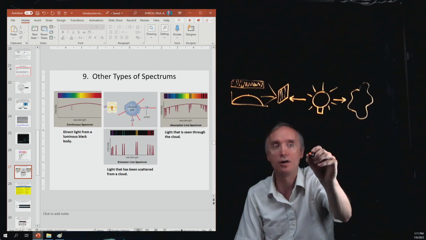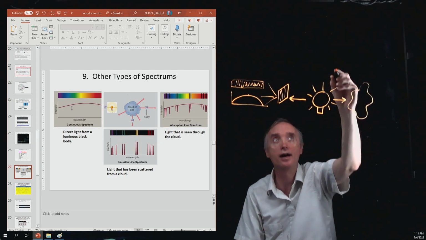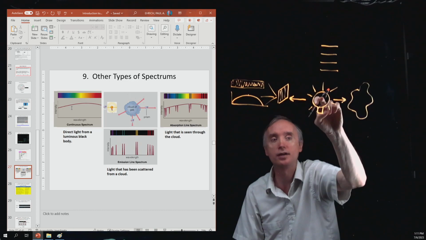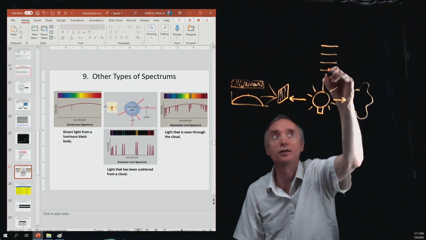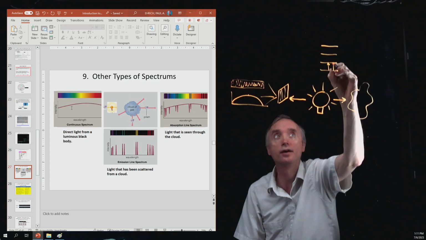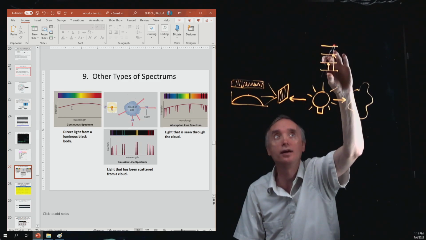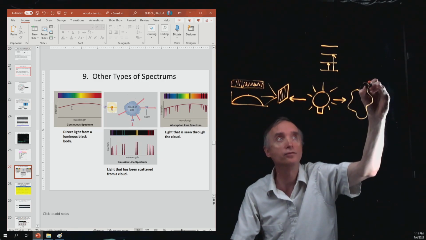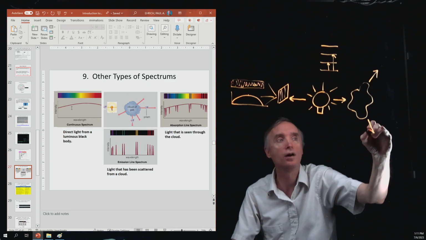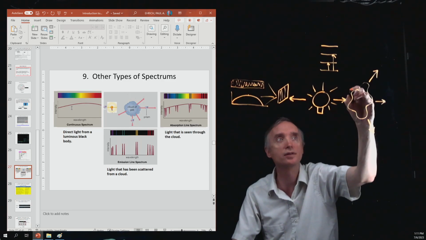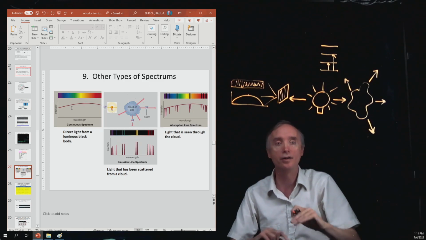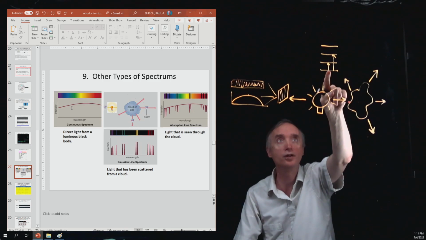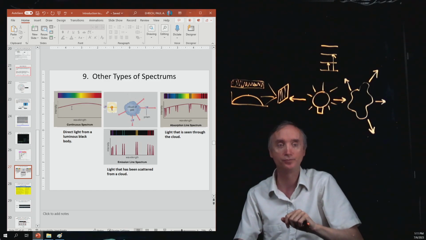So in this gas, every atom has energy levels, and when the light from this thing hits it, it's going to make those electrons jump, maybe from there to there or there to there, and then when they come down, they're going to emit light. So certain frequencies of light are going to be emitted by this cloud. Not all the frequencies of light, but only certain frequencies. Whatever frequencies are going to make the electrons jump.